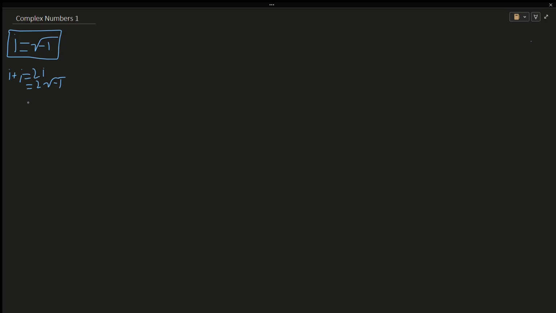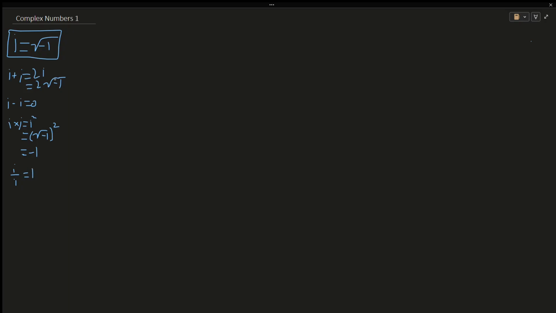Next we have i minus i, which would simply be 0. i times i is the same as i squared, which is the same as the square root of -1 squared, which would just be -1. And i divided by i would be 1.